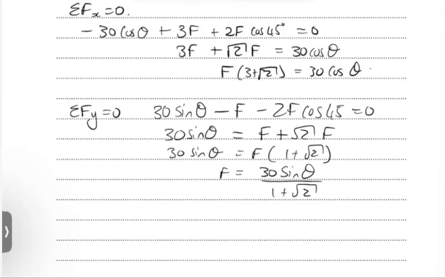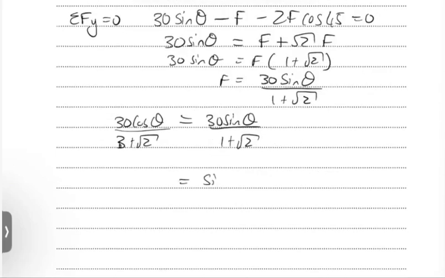Okay, if I make F the subject of the formula, I have 30 cos theta over 3 plus root 2 is equal to 30 sine theta over 1 plus root 2. Okay, so my 30s are going to cancel out. Then I'm going to divide sine by cos and take that to the other side.